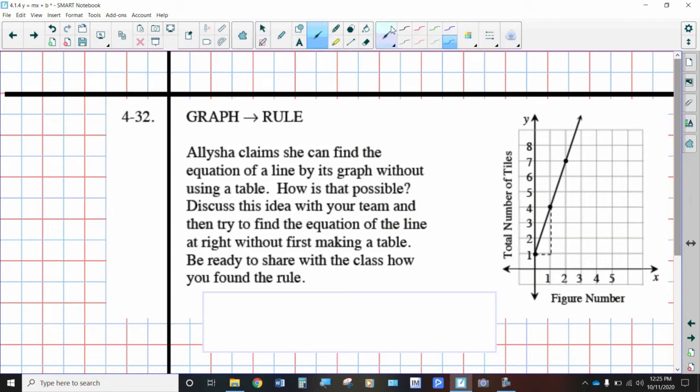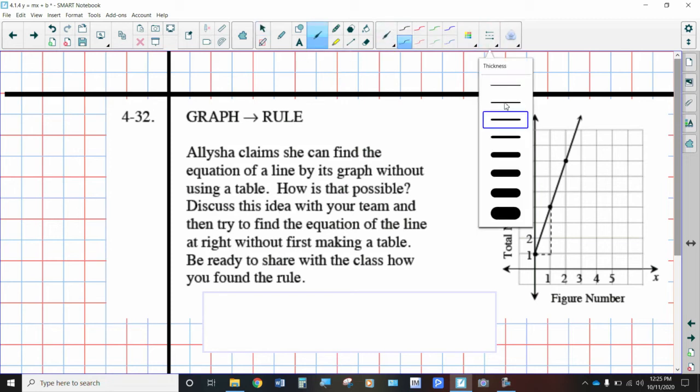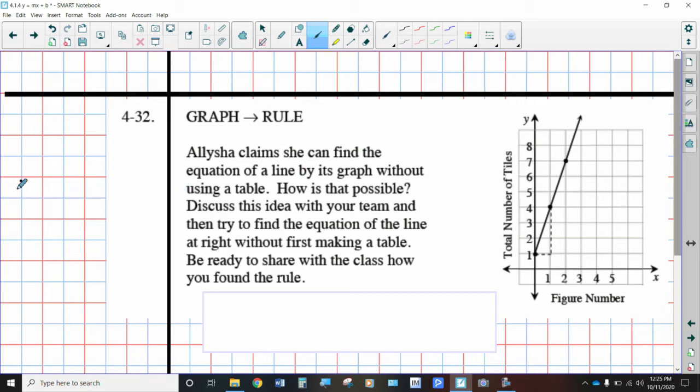All right, so I'll just give you a little bit of a starter point here. Remember, the growth rate can be seen in the graph. You're looking at the growth triangle. And the y-intercept can also be seen on the graph. That is like a starting point.